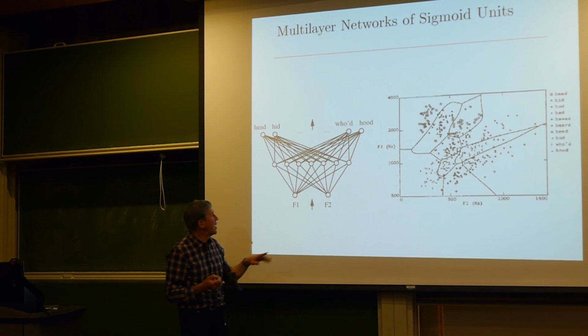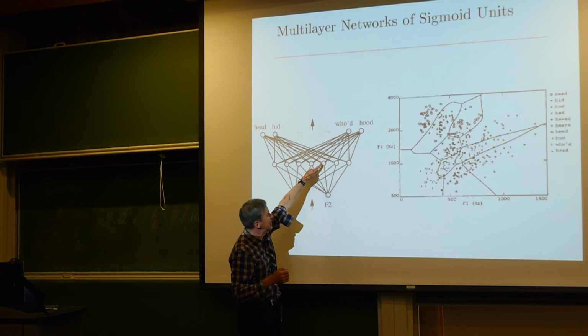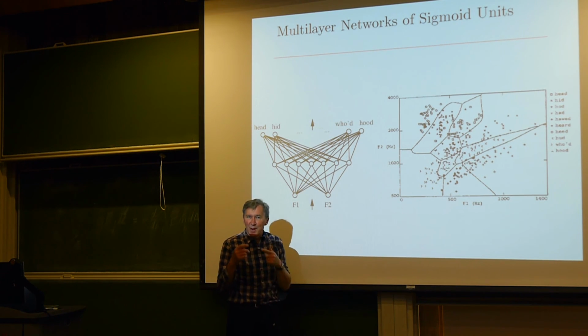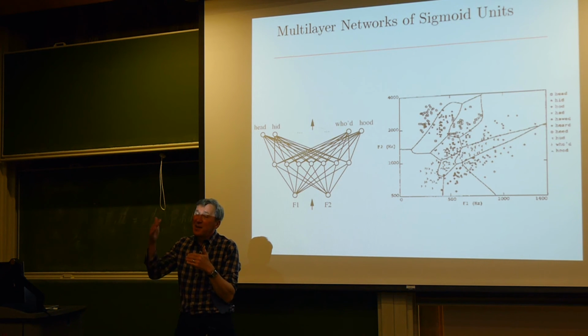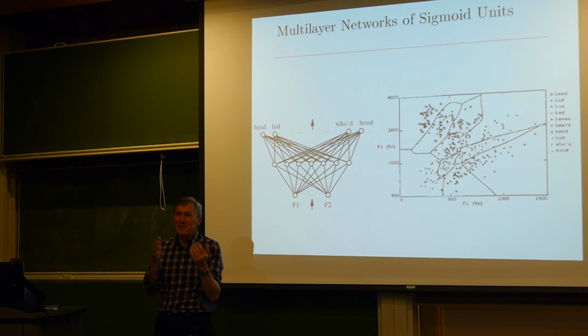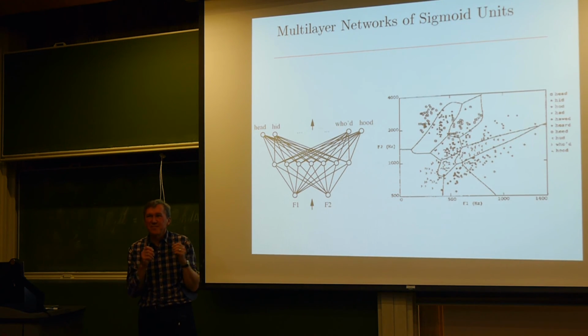And people have experimented with things like, well, what if these are linear units instead of logistic units? But if you think it through, linear functions of linear functions are linear functions, so it doesn't really buy you any additional benefit. Okay?